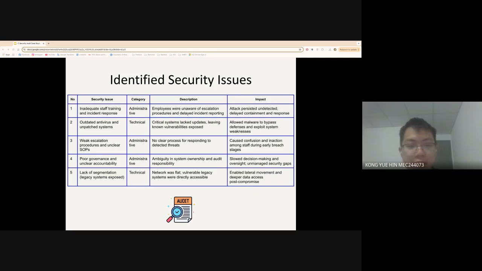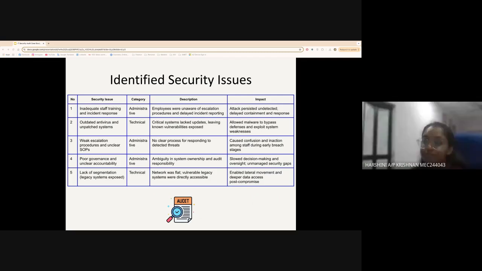Secondly, the organization was running an outdated antivirus tool and unpatched systems. This made exploitation significantly easier, and in some cases the systems had not been updated for over a year. Also, escalation procedures and standard operating protocols were either unclear or not followed, so staff hesitated and were confused about how to report incidents.